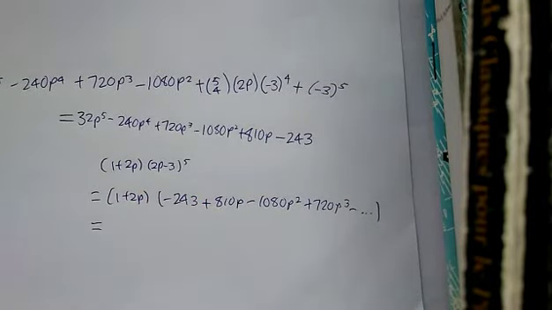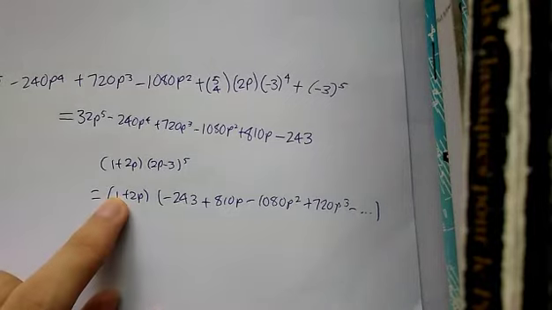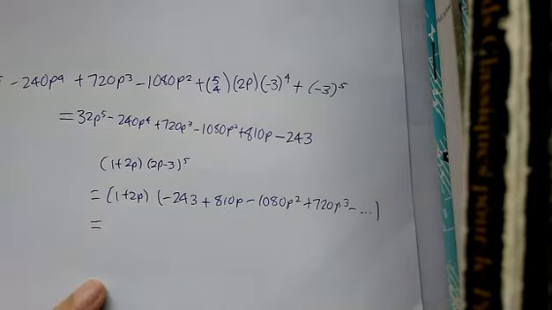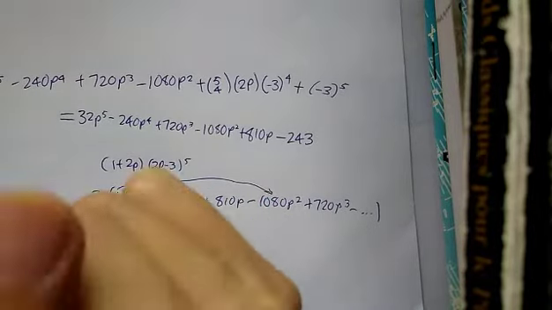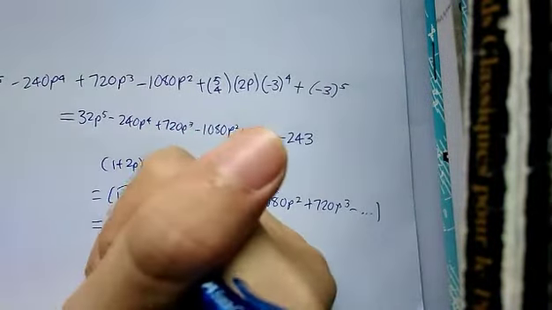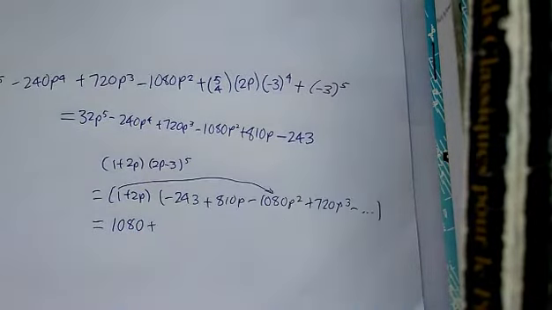Now, we are going to see which of these terms multiplied together give us p squared. So first one, we have 1 multiplied by negative 1080. So this is our first one. So it will be 1080. So secondly, we'll have 2p, 2p multiplied by p.